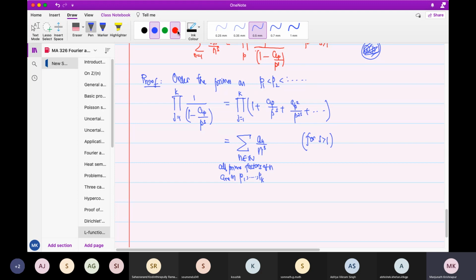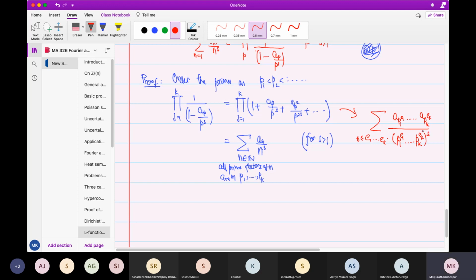So this will give me the sum over all exponents e_1 up to e_k greater than or equal to 0 of A_{p_1} to the e_1 ... A_{p_k} to the e_k, divided by p_1 to the e_1 and so on.